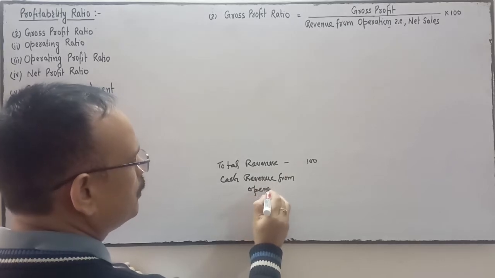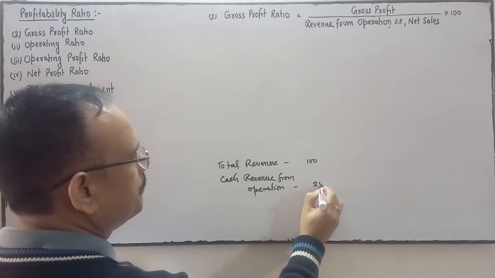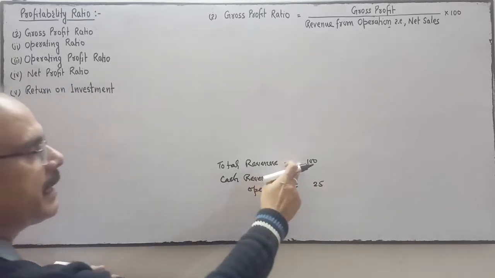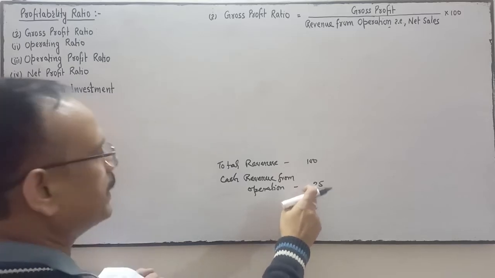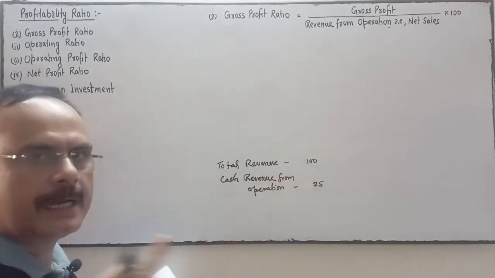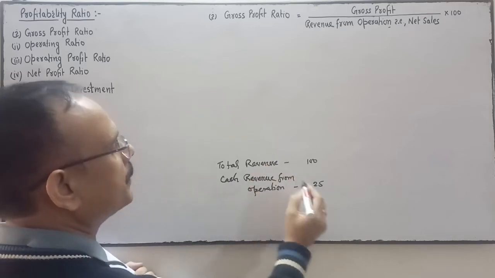Cash revenue from operation is called cash sales. It is 25% of total revenue. If I assume total revenue is 100, then cash revenue from operation is 25 rupees.